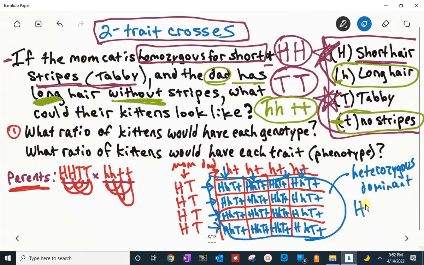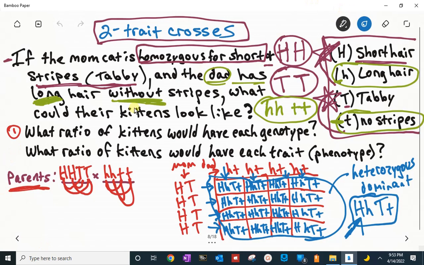They have a dominant H for short hair and a recessive h for long hair, and a dominant T for tabby and a lowercase recessive t for no stripes. So all of the kittens' genotypes would be the same, heterozygous dominant.